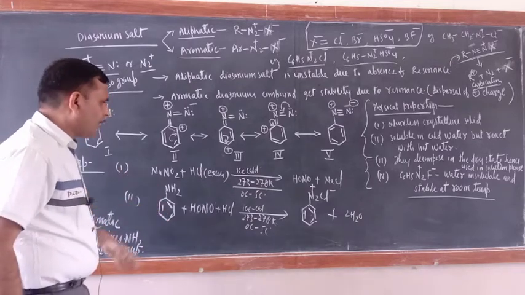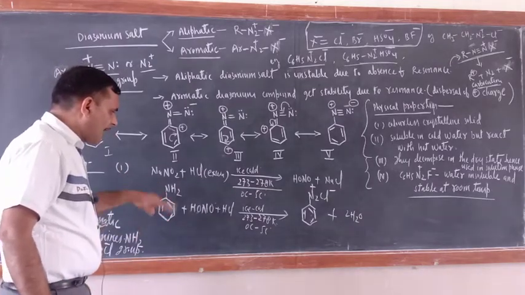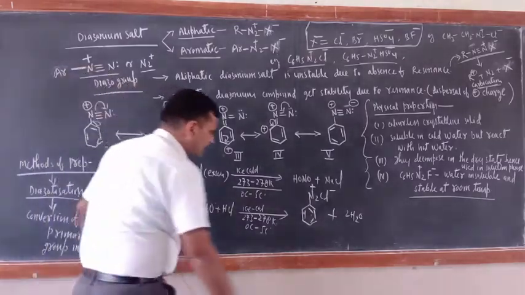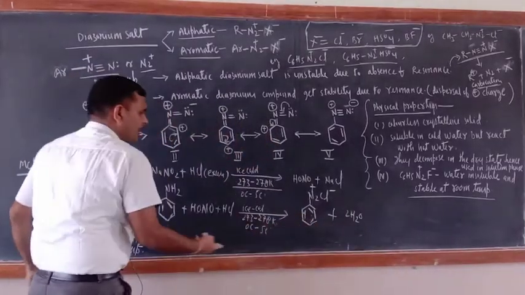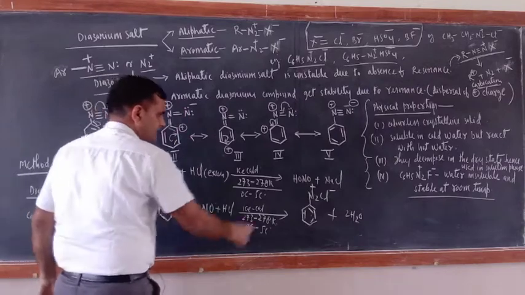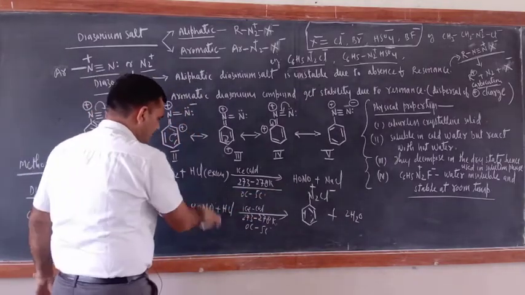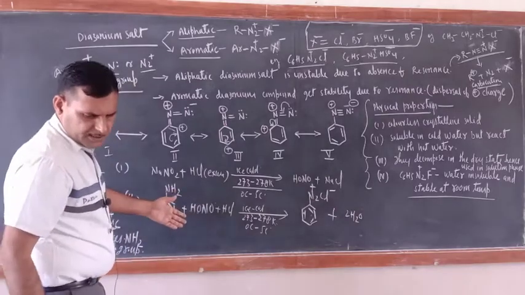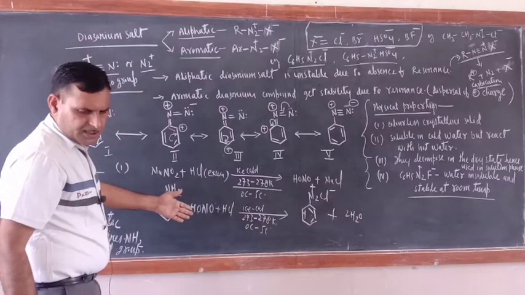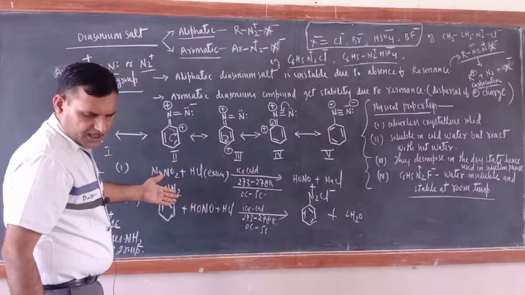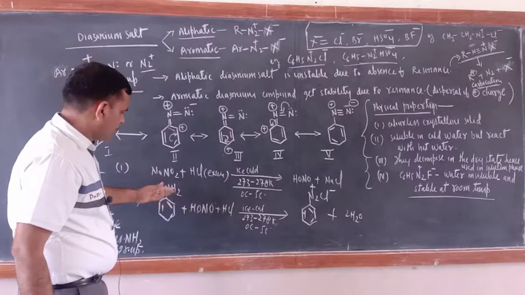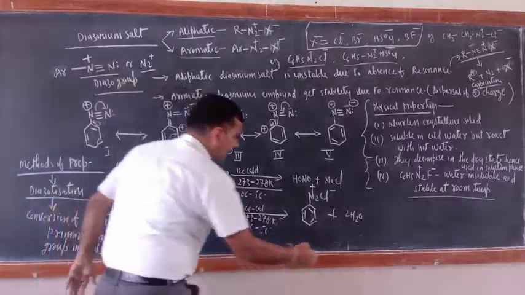If you want to add the reaction, you can add both steps, but there is no need, it is understood. HONO will be cancelled out. Now you will get 2HCl, how many HCl, 2HCl, and NaNO2. If you want to add, you can add.